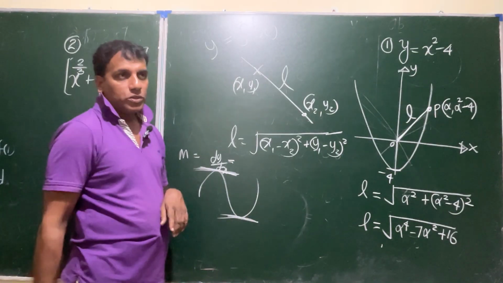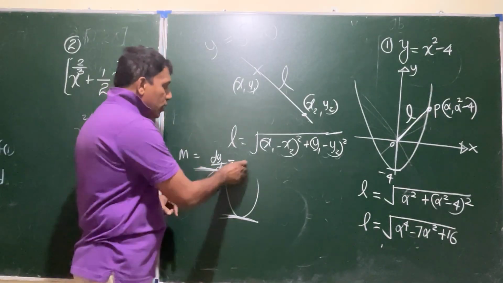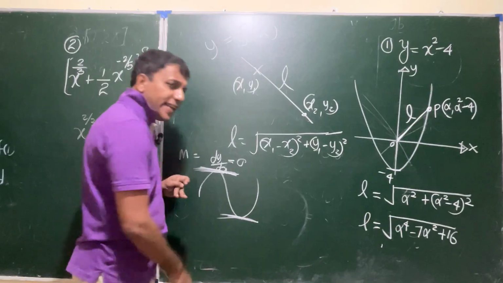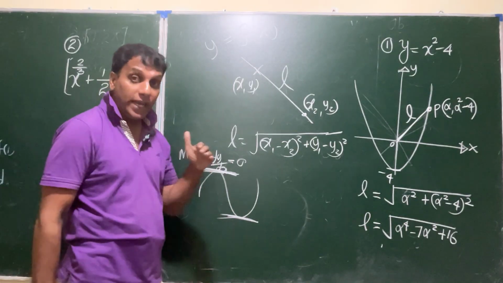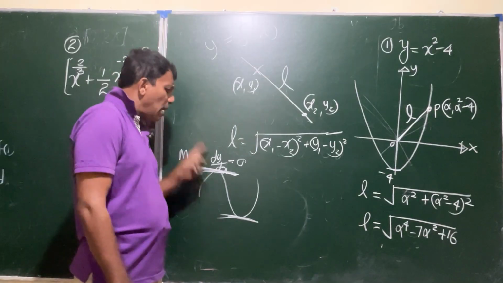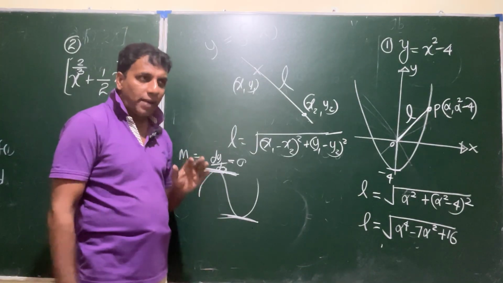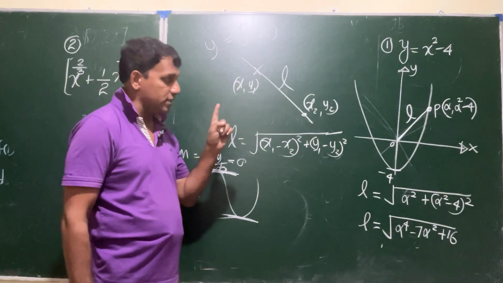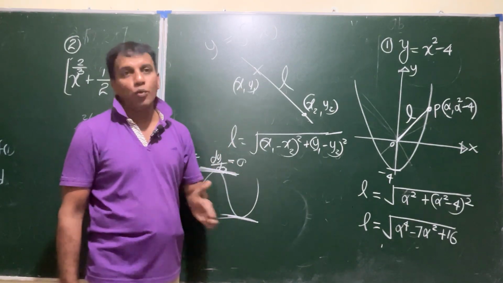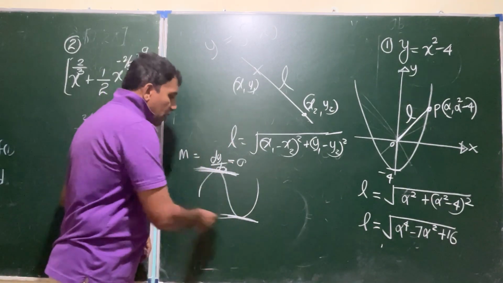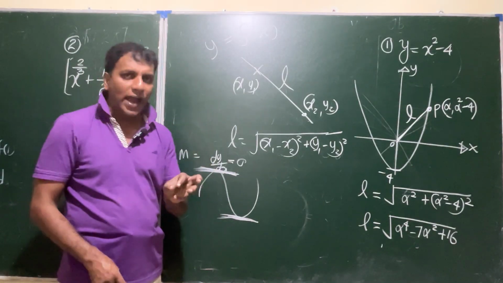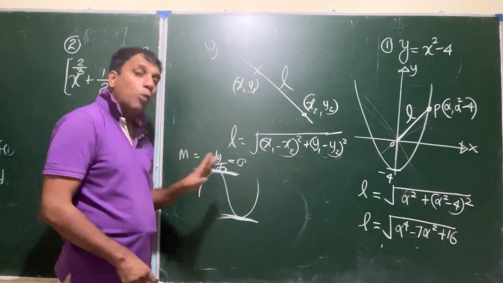At this point the tangent is horizontal, so dy over dx is 0 because tan 0 is 0. Therefore dy over dx equals 0 at a maximum or minimum. There are many methods. I will show the first derivative as one method, and the second derivative as another format. So at dy over dx equal to 0, you can find the x values where there is a maximum or minimum.